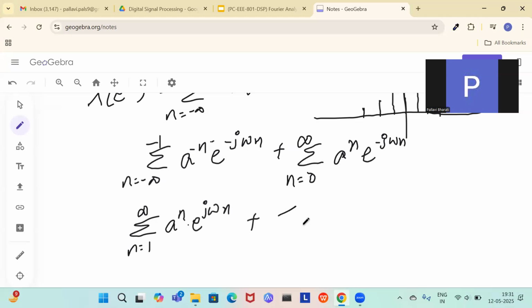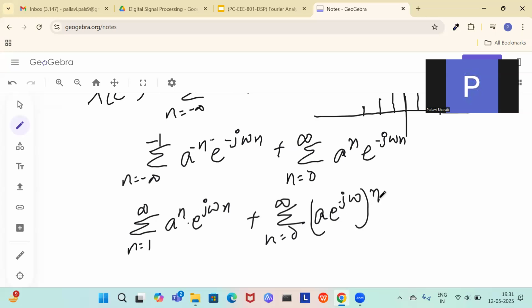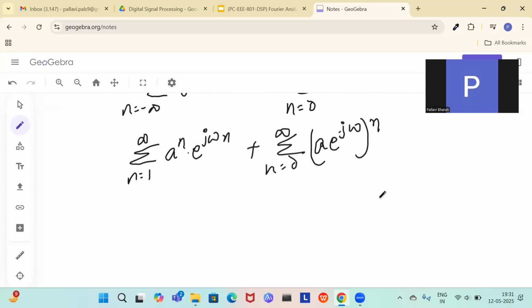Here it is n equals 0 to infinity. Now here you can write it as the sum from n equals 1 to infinity of (a e^(jω))^n.